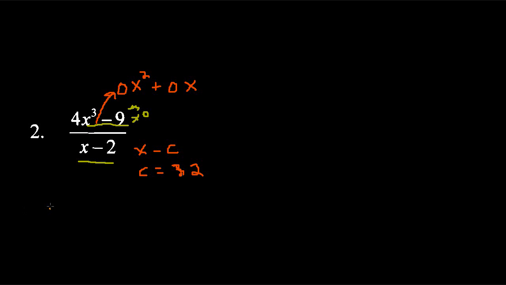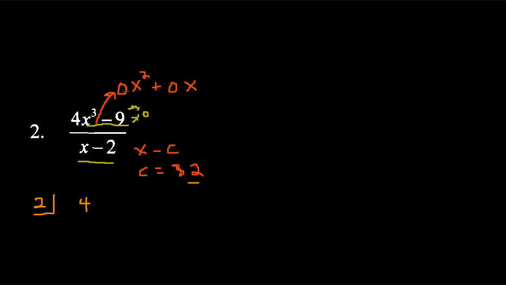So if you remember, the first thing we set up is kind of a little box or a backwards L. And what goes in the little box? The 2. What c is? That's 2. So I'm putting that in the box. And then what goes alongside the box? Well, the coefficients from the dividend. So we just bring them down in order. The 4 is the first one.